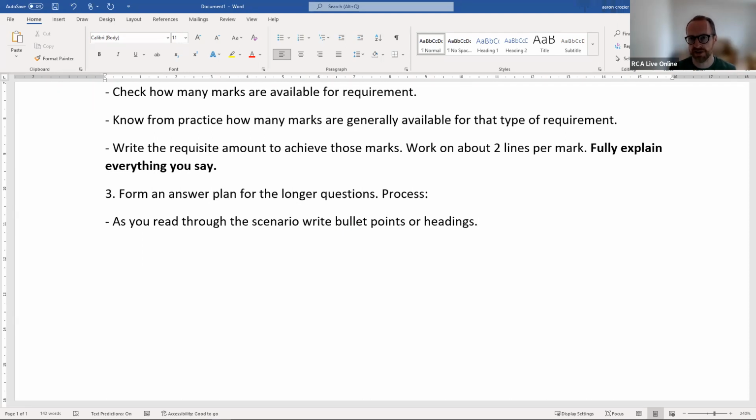Now, this is much better on the computer because you're able to add lines in between, obviously, because it's a word processor. Whereas in the past you had to make your plan separately, now your plan is part of your answer. So you're starting your answer by reading through the scenario and making those bullet points or headings.